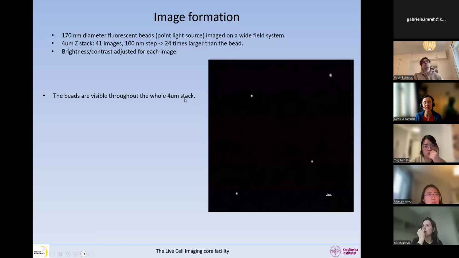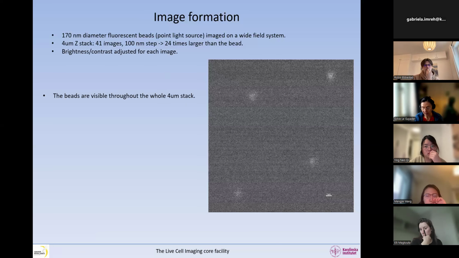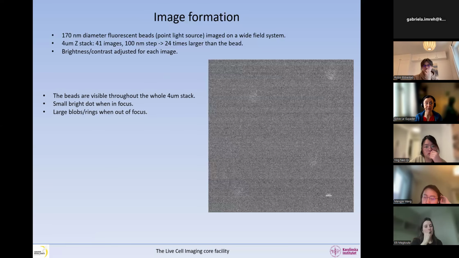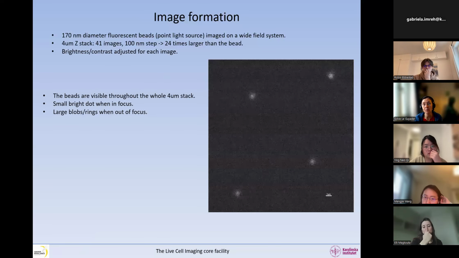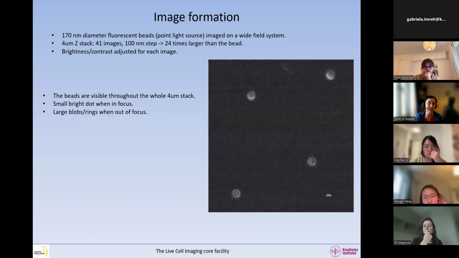So we see the beads well before we are in focus, and that's because the light is spread throughout a big volume. So we have a small bright dot when we are in focus, but we have some big blobs or some rings when we are out of focus. Okay, so we can see the PSF shape.